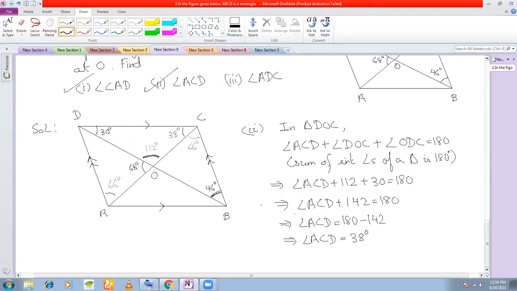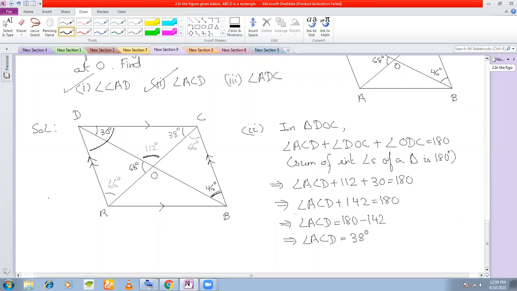Next angle that we need to find is ADC. So which one is angle ADC? This entire angle is ADC, right? How do you find this angle? Any idea? There are many ways of finding, but can you tell me one way?